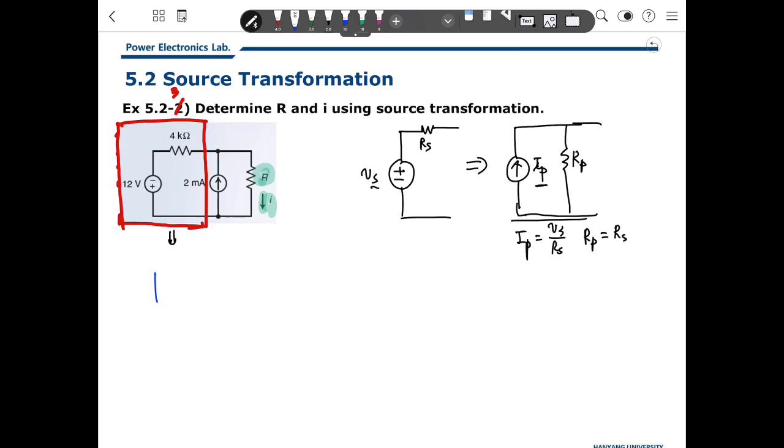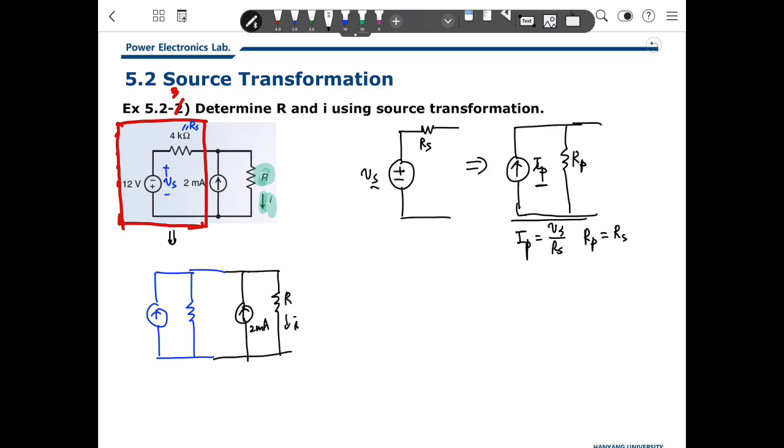So in this case, we can make this circuit in this way, because if we define this as VS and this as RS, then we can make the same circuit in this way here, with the other remaining circuit here. This is 2 milliampere, R and this I. Then what is the value of that? This is RP, excuse me, this is RP and this is IP.